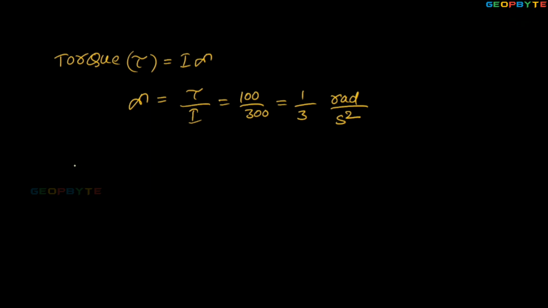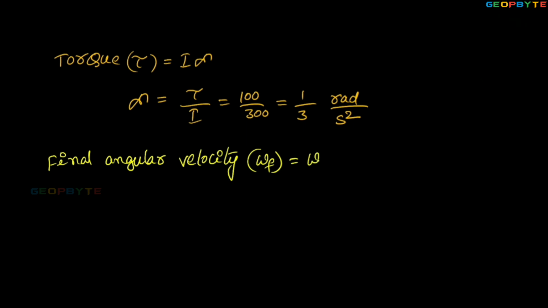Then the final angular velocity omega f equal to omega i plus alpha t. Omega i equal to 0.